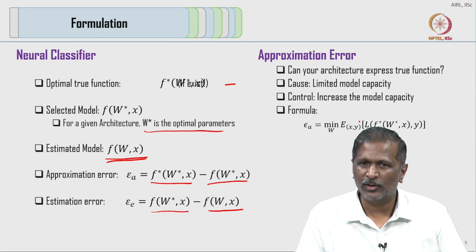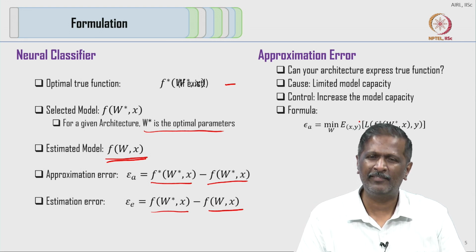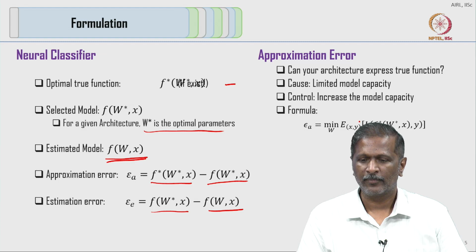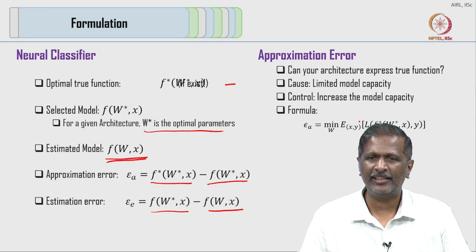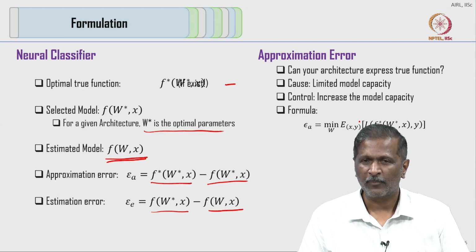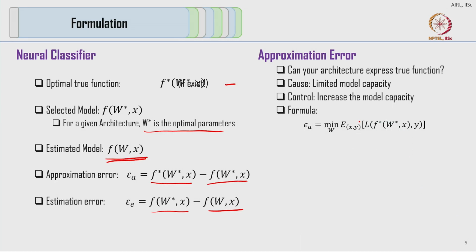If the capacity is low, I cannot learn all the variations in the data. So you have to play with the model capacity, which means you have to play with L star, the number of neurons, right? You may have to vary the model capacity. If I have to mathematically define the error, it is the minimization over W of the expectation over x comma y of the loss function with respect to the optimal W that we wanted to get, right? The true decision function, right?